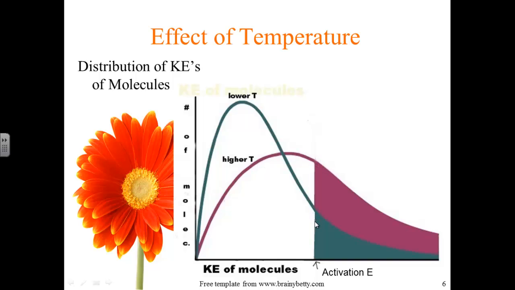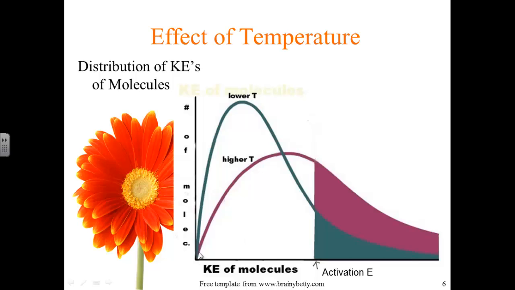This line right here, marked by this arrow, represents the activation energy for this reaction. Any molecules that have kinetic energies higher than the activation energy will be able to react. Any molecules that have kinetic energies lower than the activation energy will not be able to react.